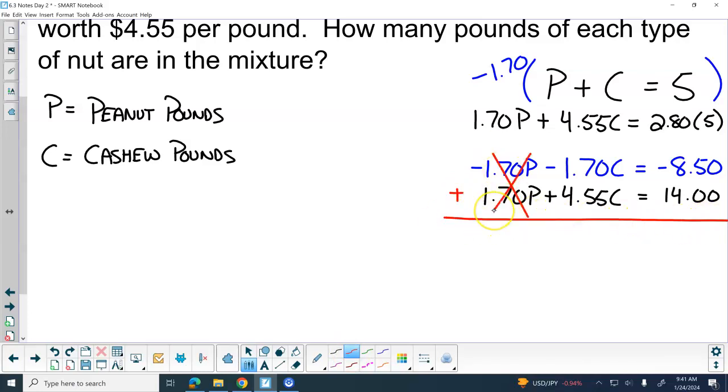My P's go away. What do I got for C's? 2.85c equals 5.5.